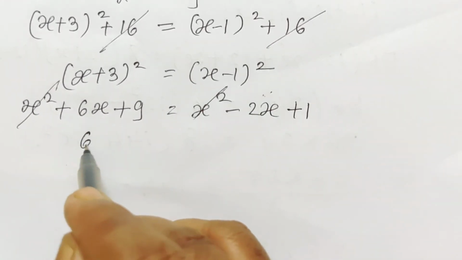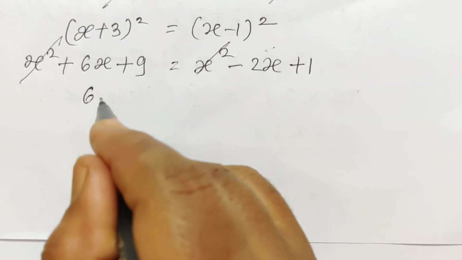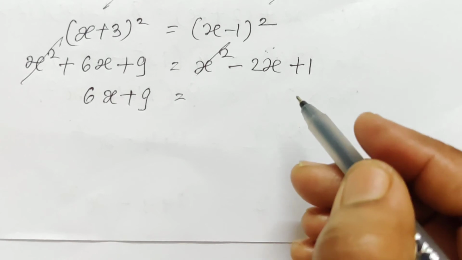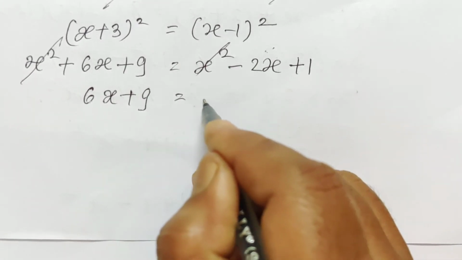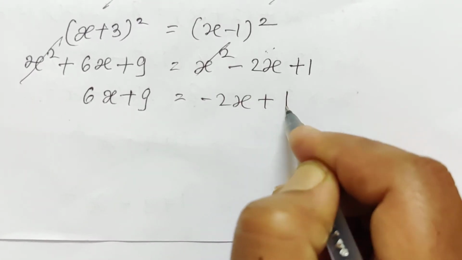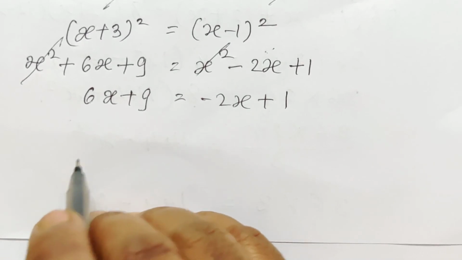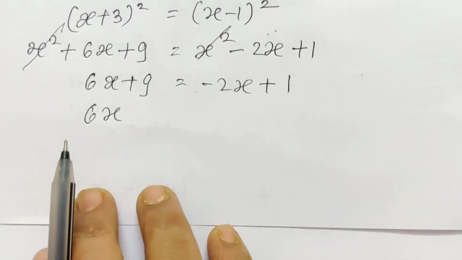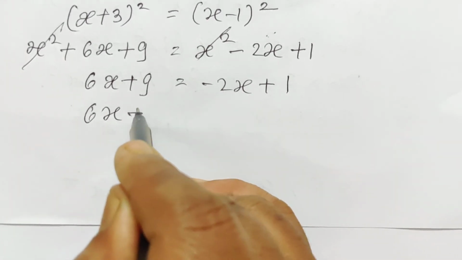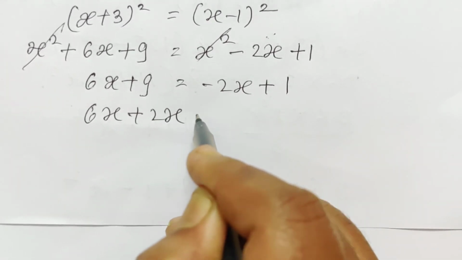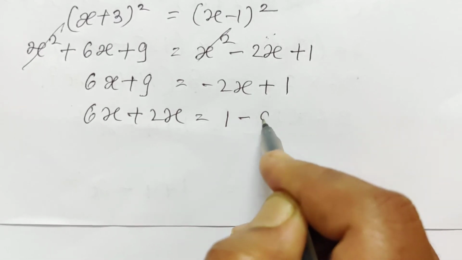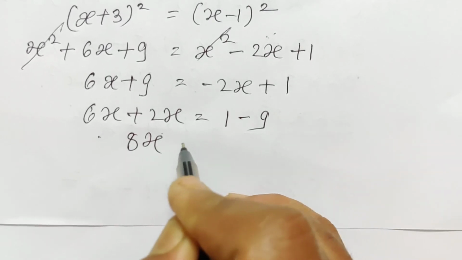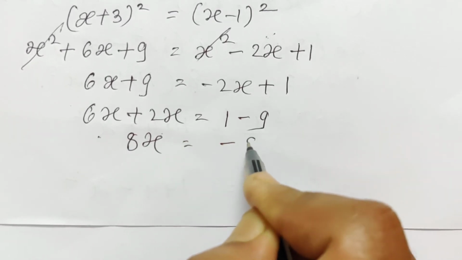Then remains 6x plus 9 equal to minus 2x plus 1. Take the similar terms to one side, so you will get 6x plus 2x equal to 1 minus 9. 6 plus 2, 8x equal to minus 8.